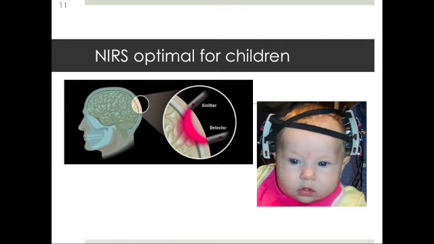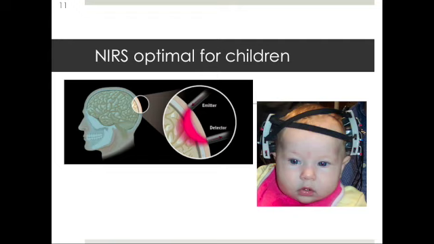And another pro is that when you put these pairs of emitters and detectors onto the baby's head, it's a relatively light setup. So compared to EEG, which tends to be a cap for the whole head, and certainly compared to MEG and functional MRI and PET scans, the baby really has to sit very, very still for those.